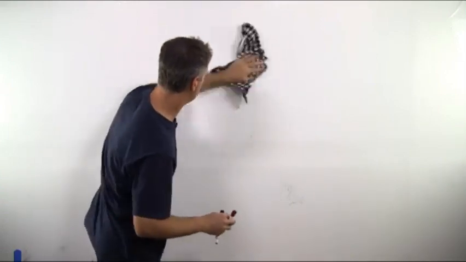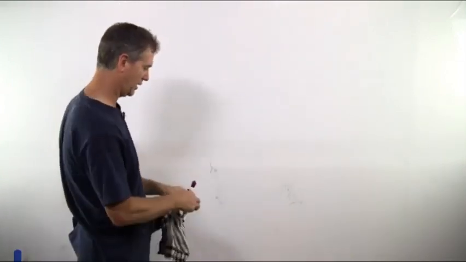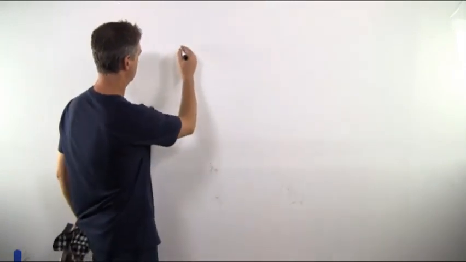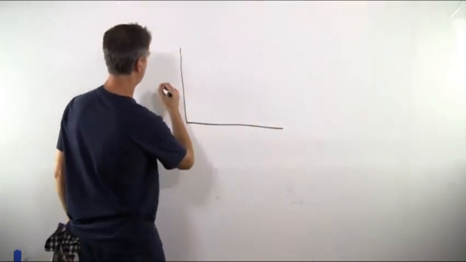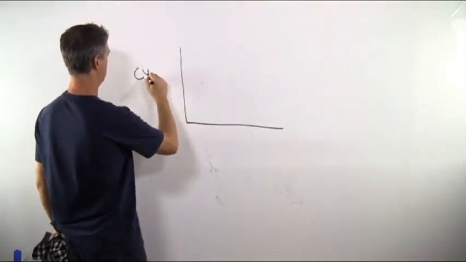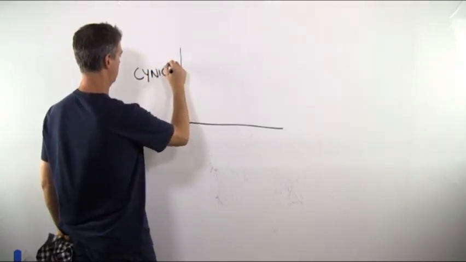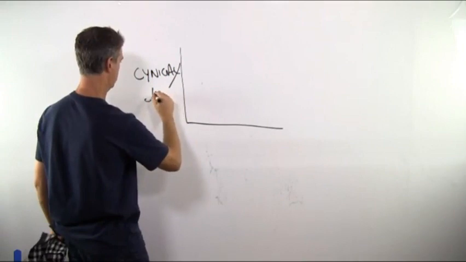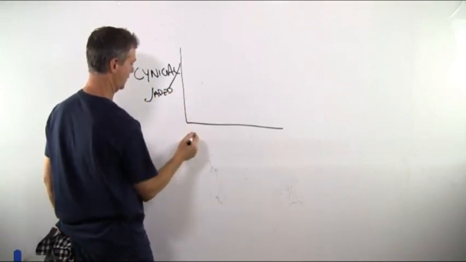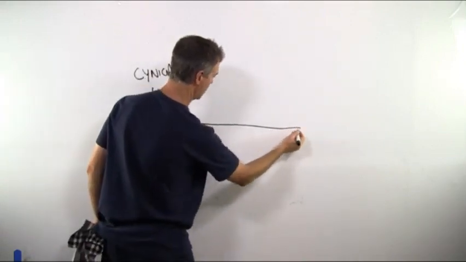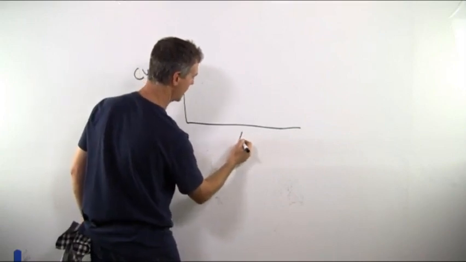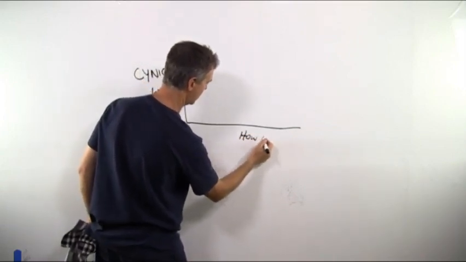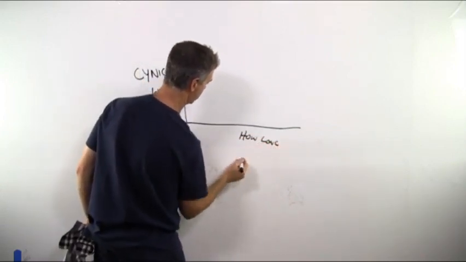In fact, we could do this whole thing, how should we draw the jaded curve? Here's the cynical, jaded axis, and this is by market.